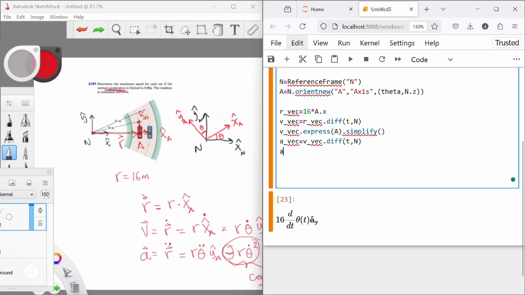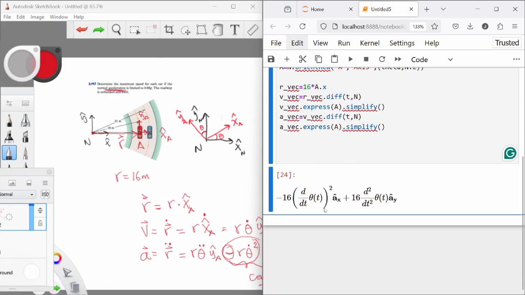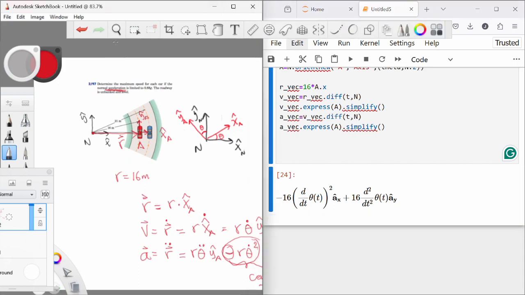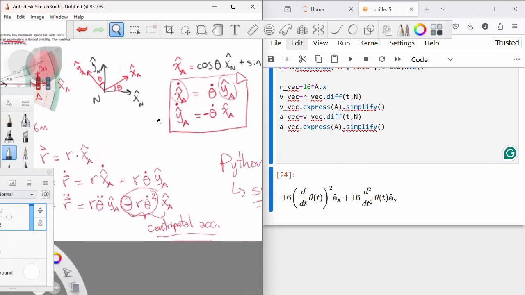So let's do a vec here to observe the result computed, expressed in the a frame of reference and simplified. And we see that the acceleration has two components, exactly like we found in our analysis here.